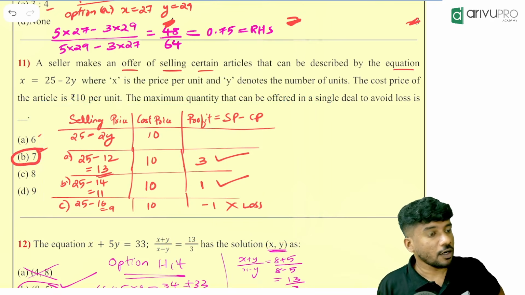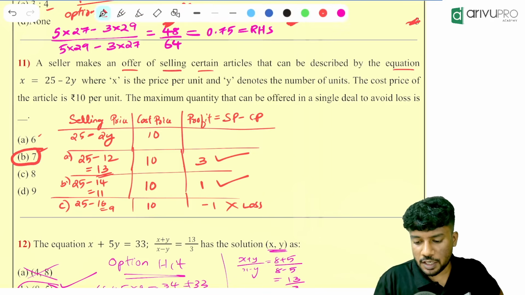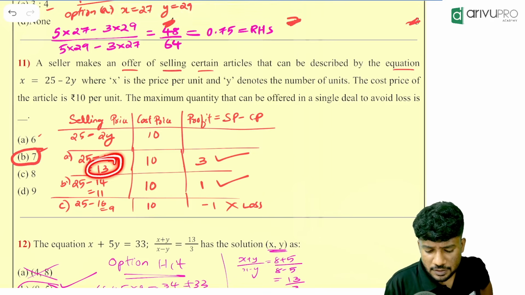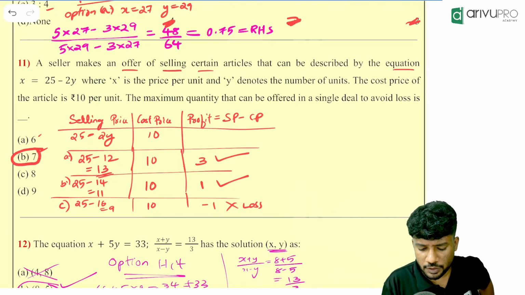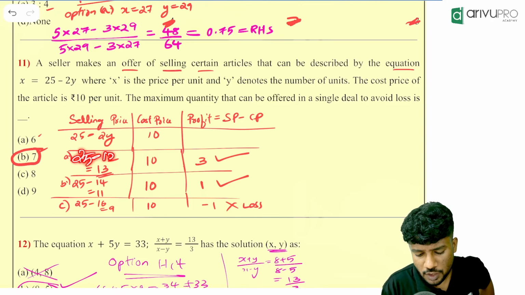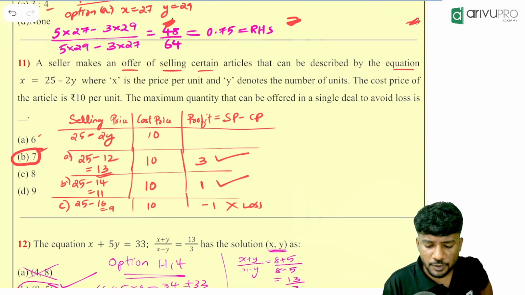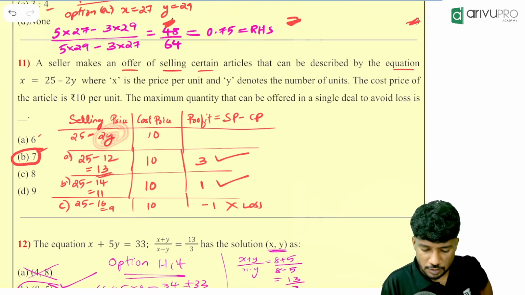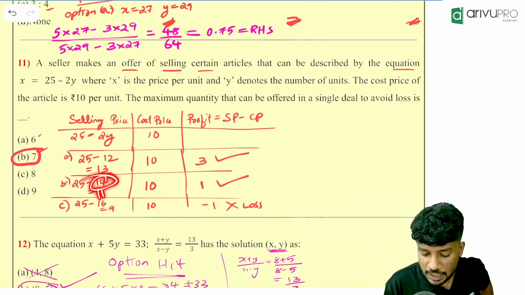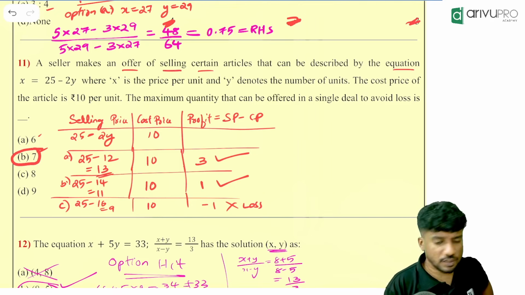How is it option B, sir? Yes, good question. How is it option B? Selling price in 7 quantities, how much? 25 minus how much per unit? It will become 25 minus 12, which is equal to how much, people? 13. So instead of y, you are putting how much? 7. So, 14. That is how much? 11 you are getting. 25 minus 14 is equal to 11.